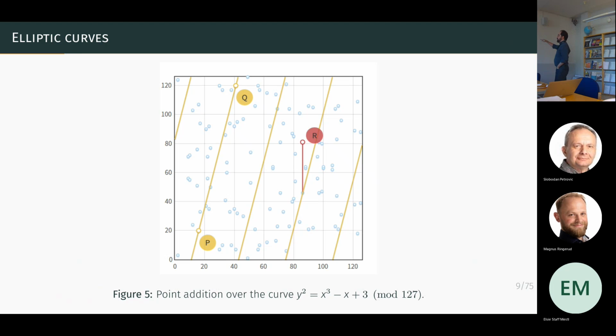So the blue points here are points with pairs of coordinates, x and y, that satisfy some curve equation, modulo P, right? And then if I want to add P and Q, you pass a line again over P and Q. That line now wraps mod P, which means that when it reaches 127, it goes back to 0.